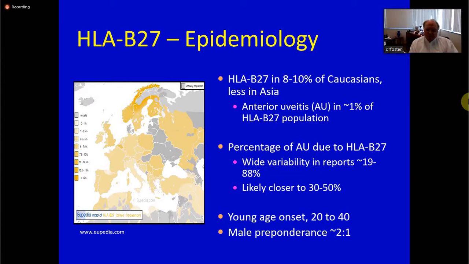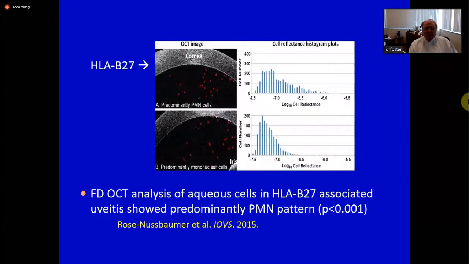Being born with the gene, inheriting the gene, but also something triggers it. It can be a bacterial germ or a virus, but something has to trigger it. And sometimes you can figure out what the trigger was. Males are more commonly affected by this than females.